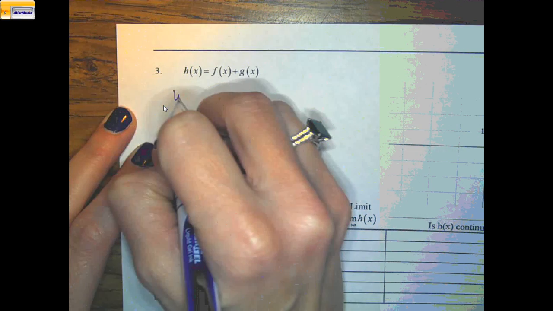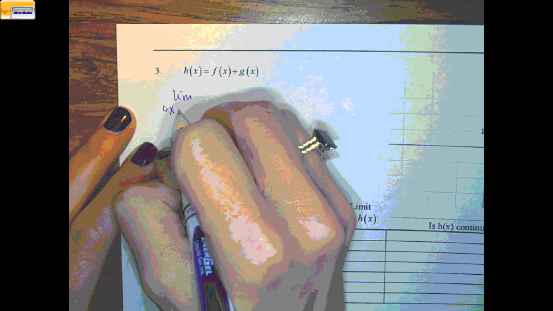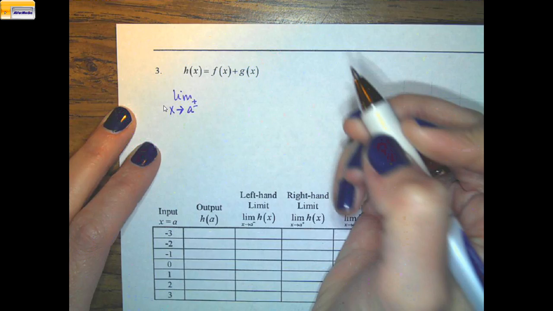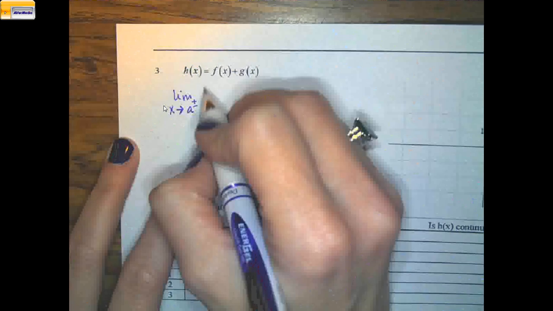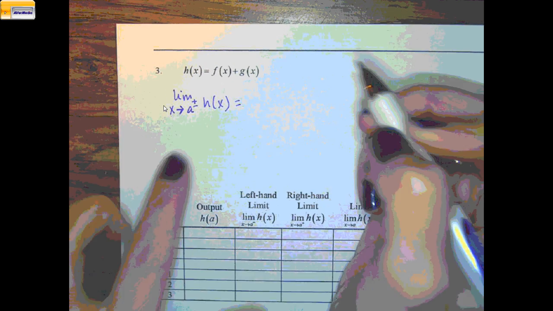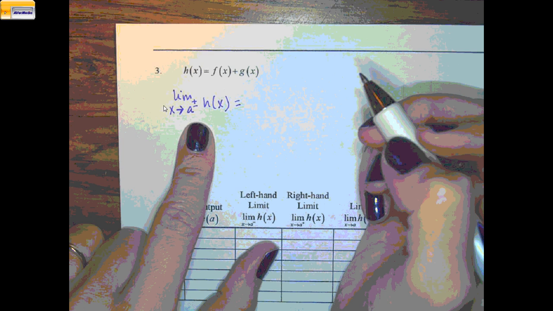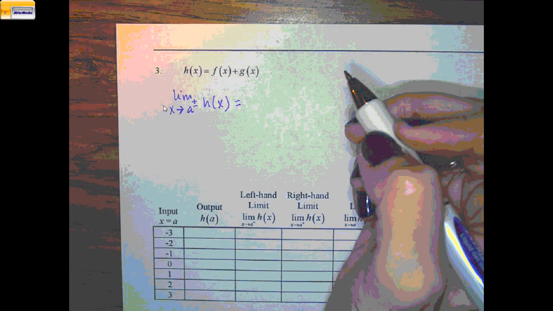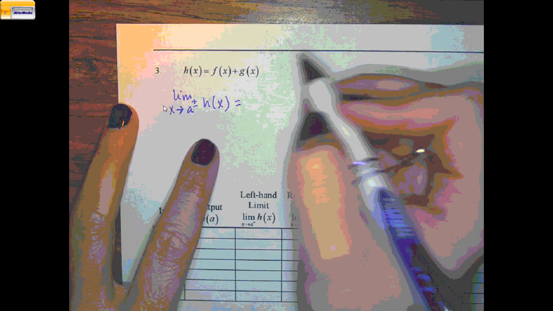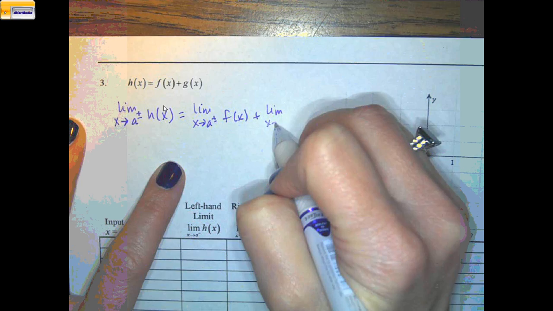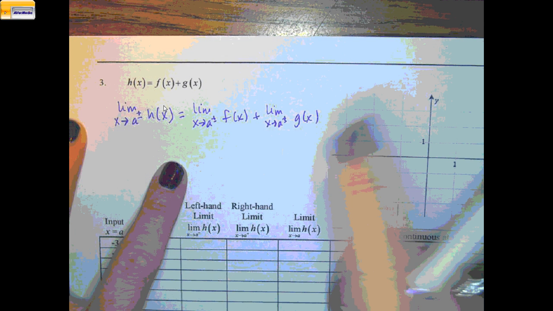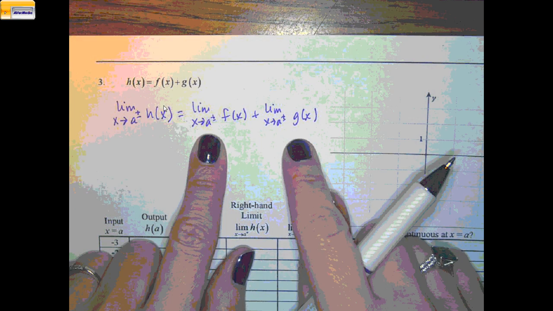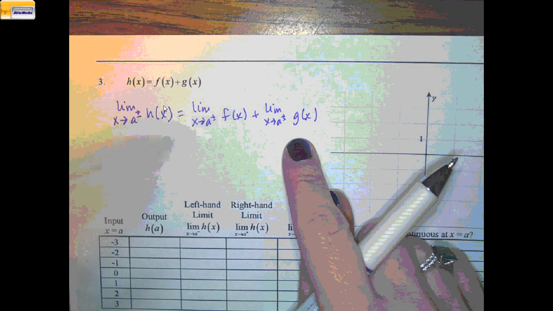The limit as x approaches a from either the right or the left for h of x, if you don't want to take the time to add the 2 functions together, which you can't because you weren't given equations anyway, then the rule that you wrote down last week in your notes says you can take the limit as we approach a from either side for f of x and add it to the limit as we approach a from either side for g of x. So you can take the 2 limits and add them together. And it's the same answer as it would have been had we added the 2 functions and then found the limit.